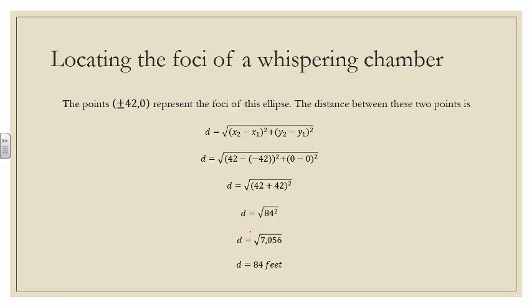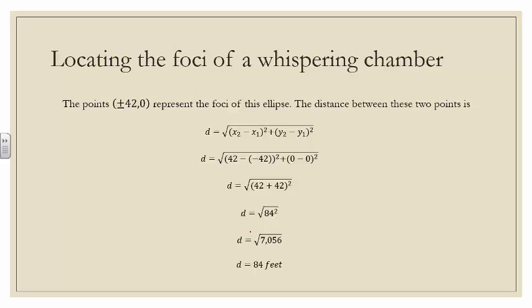Recall that the distance formula states the distance between two points is equal to the square root of the second x coordinate minus the first, squared, plus the second y coordinate minus the first, squared.